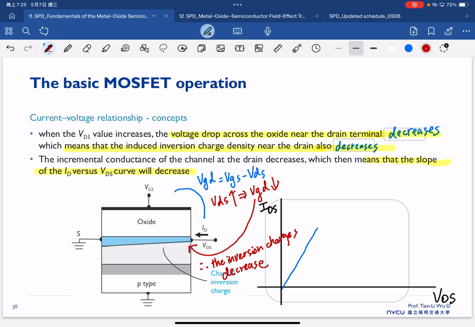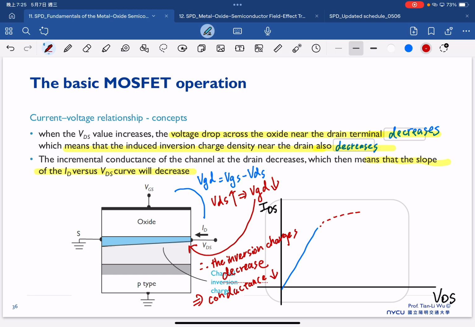If our inversion charges here decrease, that suggests that our channel conductance decreases as well. So the channel conductance decrease suggests that the slope of our current increase will decrease.